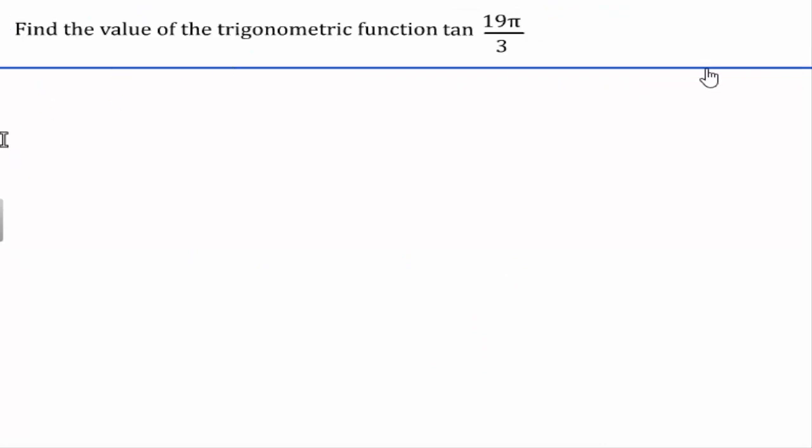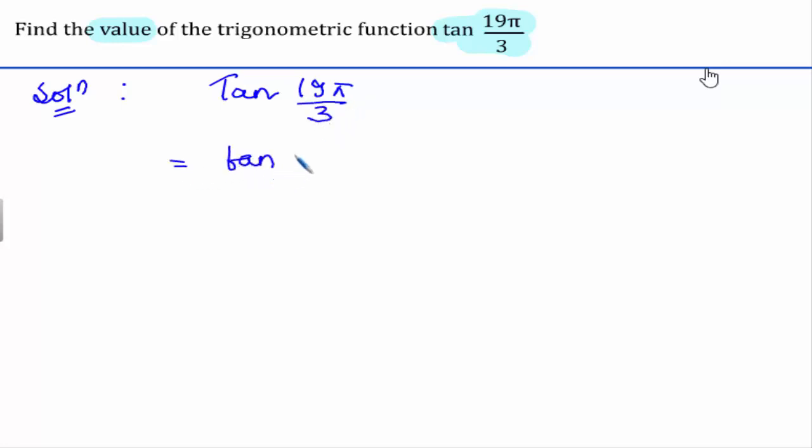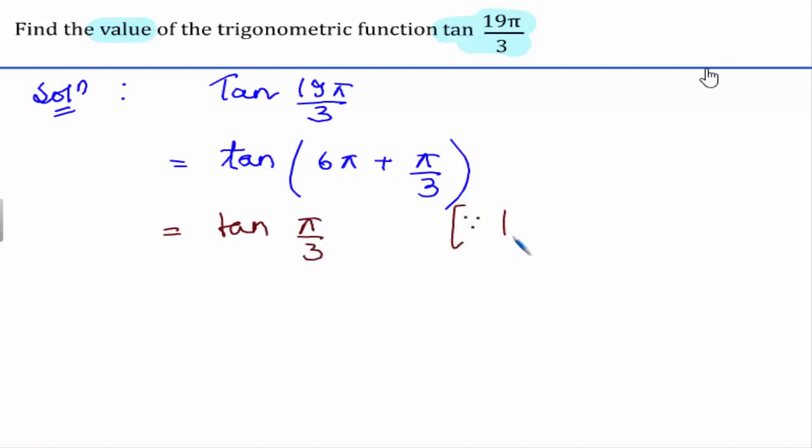In this question, we have to find the value of the trigonometric function tan 19 pi upon 3. So let's begin with the solution. And tan 19 pi upon 3 can be written as tan 6 pi plus pi upon 3, and this is equal to tan pi by 3, since we know that tan 2n pi plus theta is equal to tan theta.